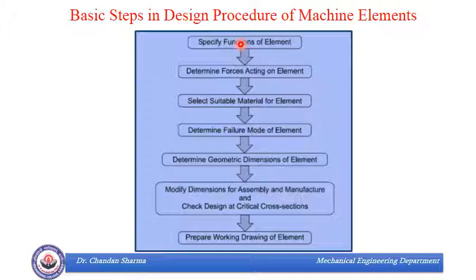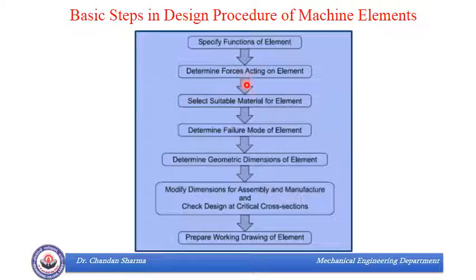Say we need to design a shaft for an IC engine. So we need to specify its function. Then we determine which forces are acting on the element, whether tensile forces, compressive forces, or whether bending moments or torsional moments are being applied.